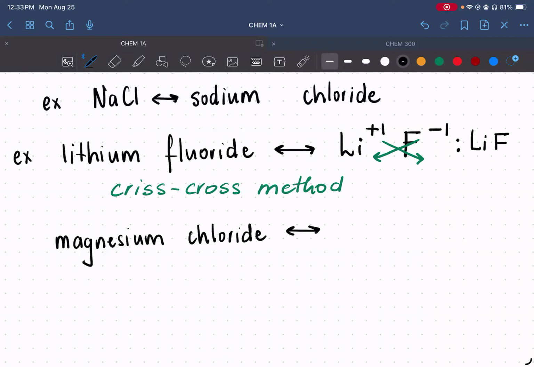Magnesium's on the left, hence positive. Chloride's on the right, hence negative. So we would just write Mg plus and Cl minus. Am I correct? Are these the ideal charges for these atoms? No.